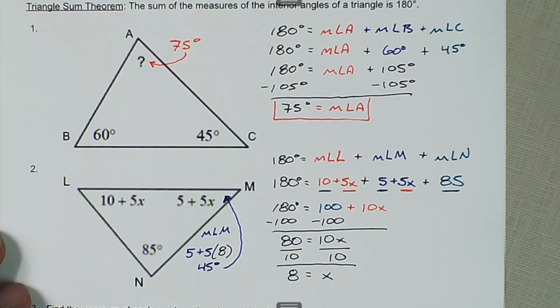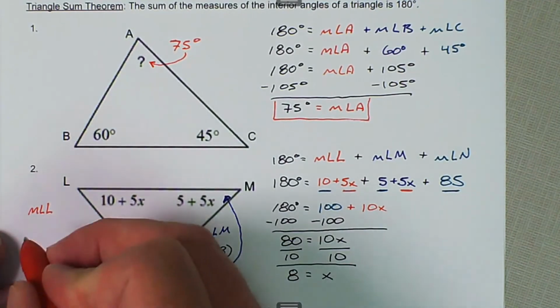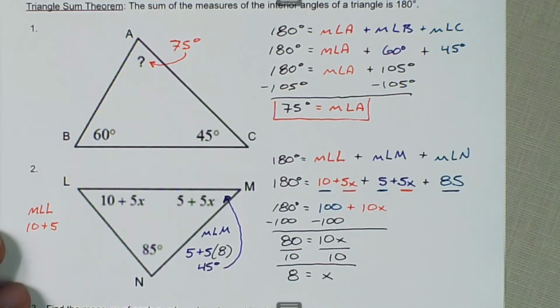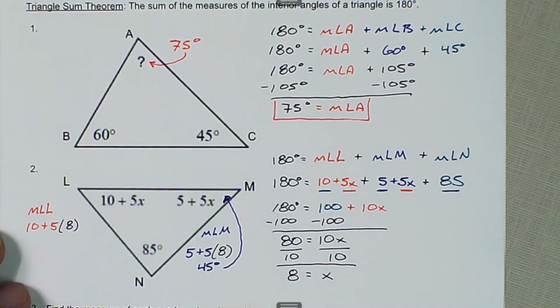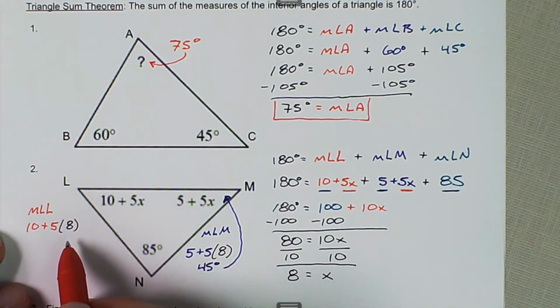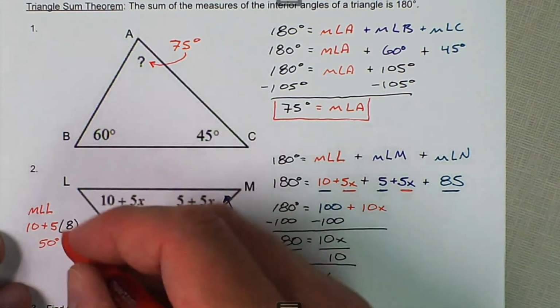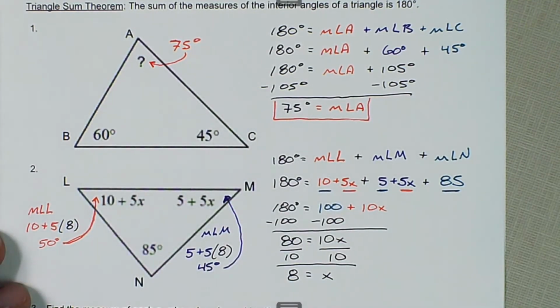And then we can check the measure of angle L. And that is going to be 10 plus 5 times 8. And 5 times 8 again is 40, plus 10, and this is 50. So the measure of angle L is actually equal to 50 degrees. And 45 plus 85 is 130, plus 50 is 180, so they all add up to 180.